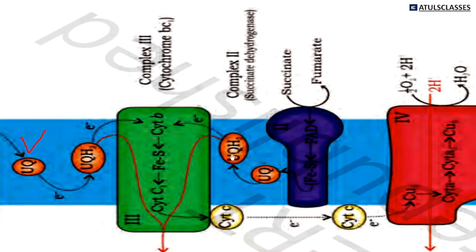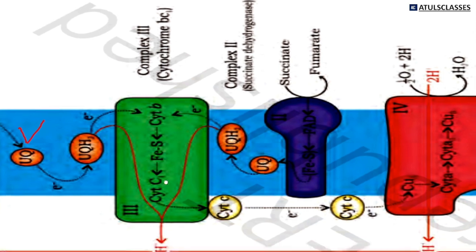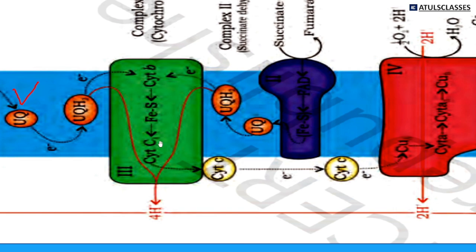This electron will be donated to ubiquinone and ubiquinone H, and the electron will get transferred from complex number 2 to cytochrome B in complex number 3. This cytochrome B will transfer this to FeS and then cytochrome C1. Both of these will give out hydrogen from the ubiquinone, and this hydrogen will be liberated towards the intermembrane space.